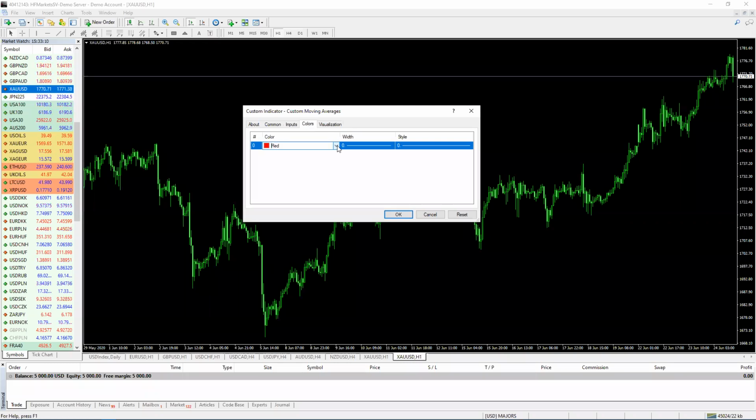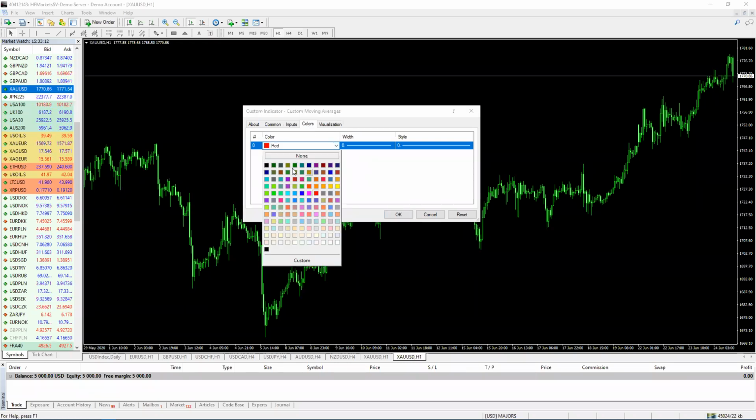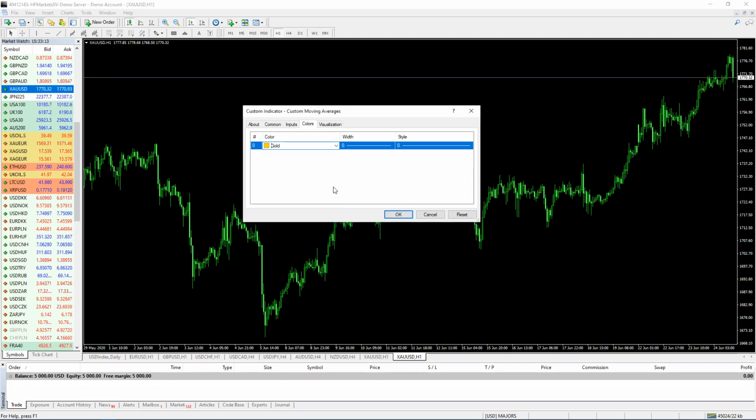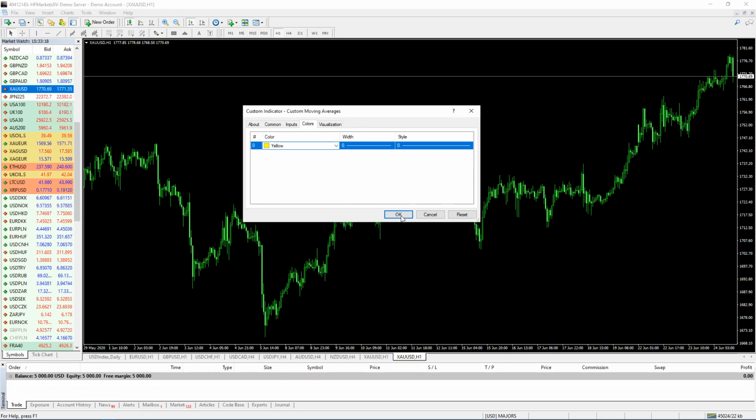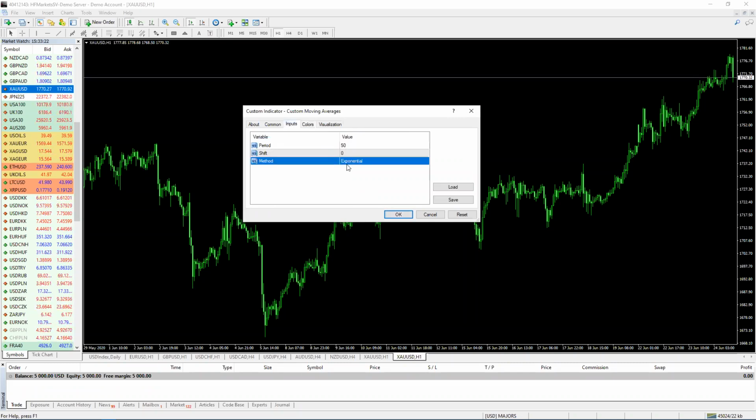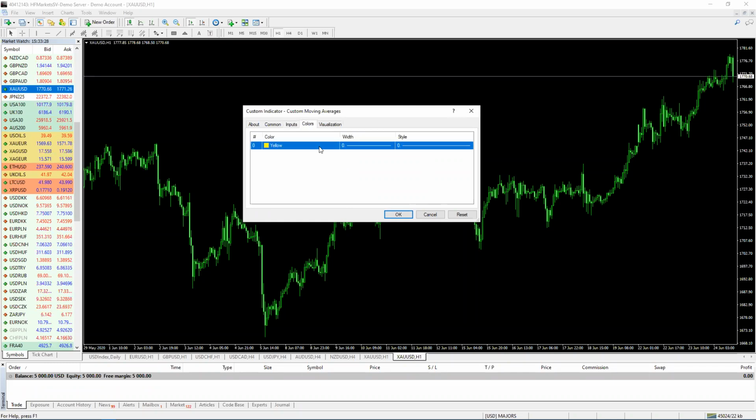Then nataka which color, nataka kuweka whichever color, yellow of course. No, yellow. Okay, so nitaweka 50 moving exponential, moving average. That is what we call the EMA. Okay, then kuna color. What color do I want for that EMA? Nataka yellow.